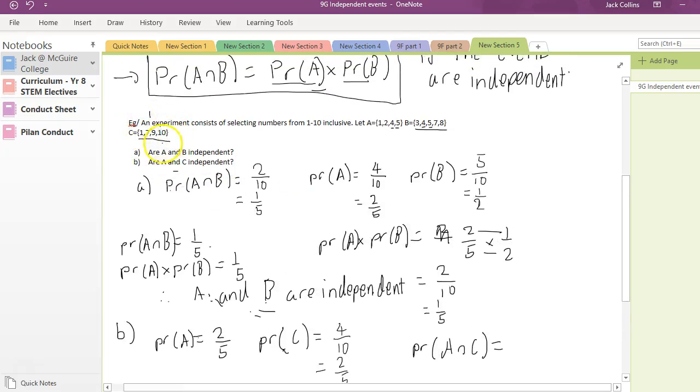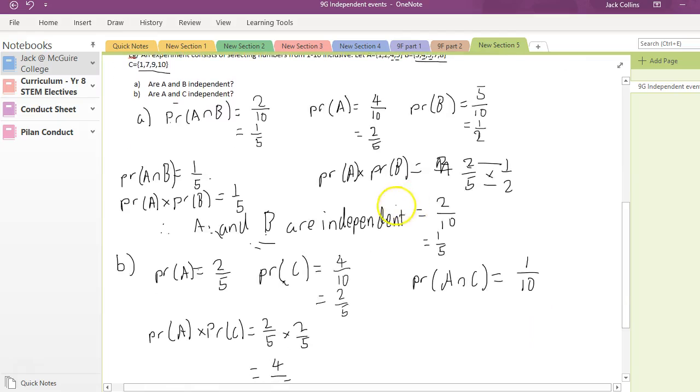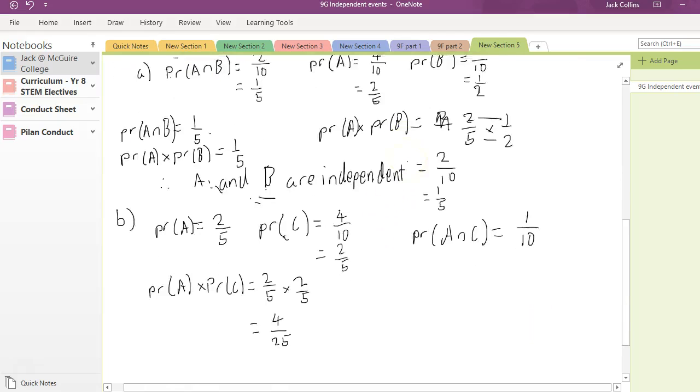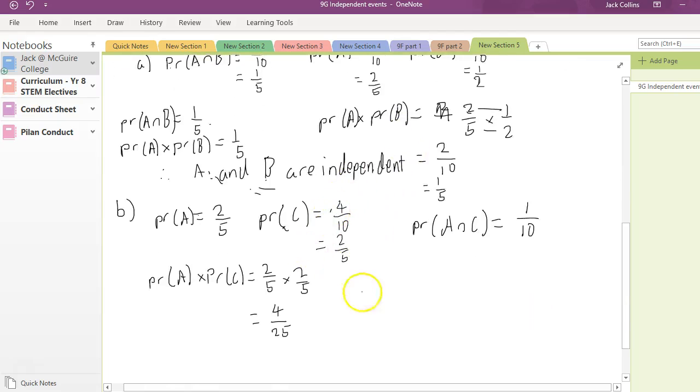So what's the intersection of A and C? We've got 1 is the same, and then that's it. So we've just got number 1, so we've got a 1 out of 10 possibility. So that doesn't equal 4 out of 25.